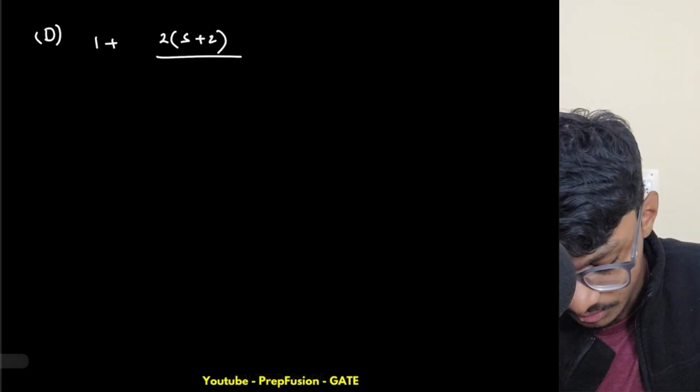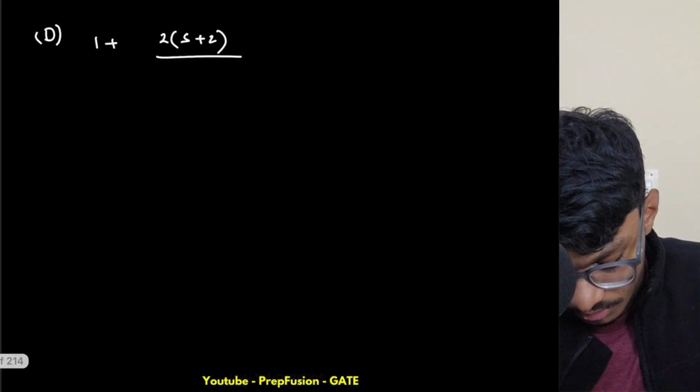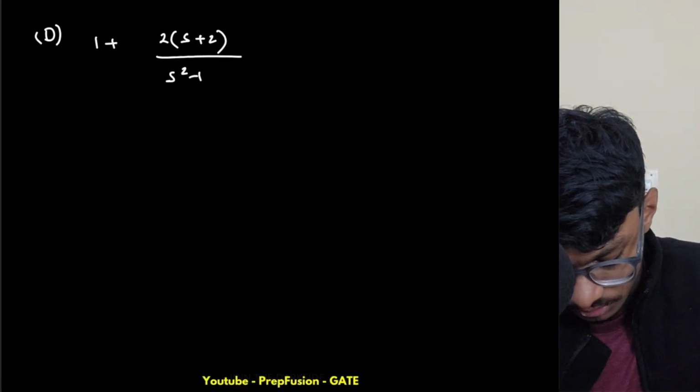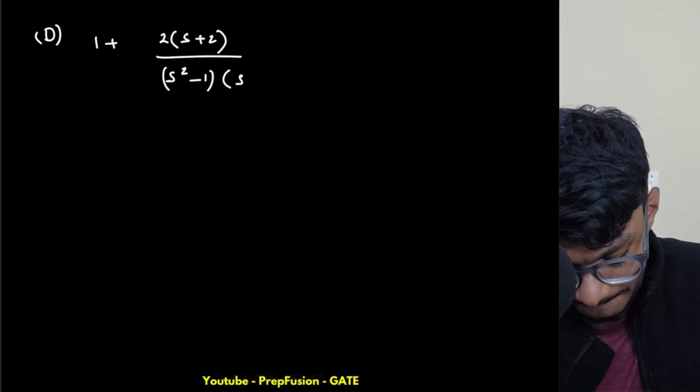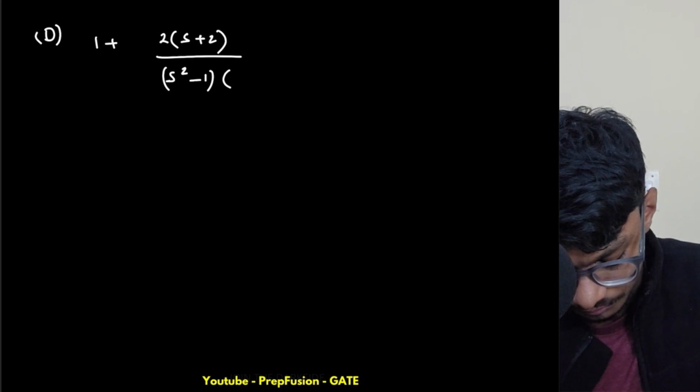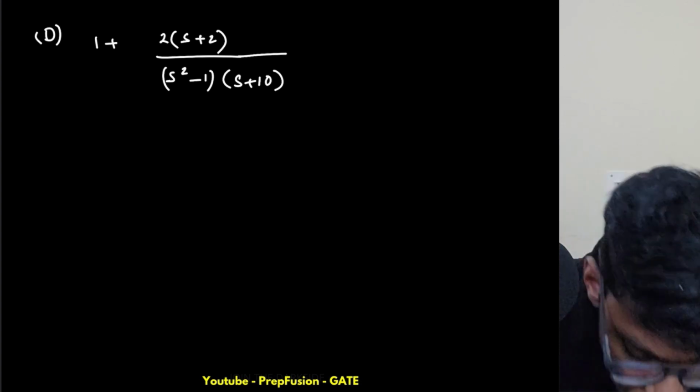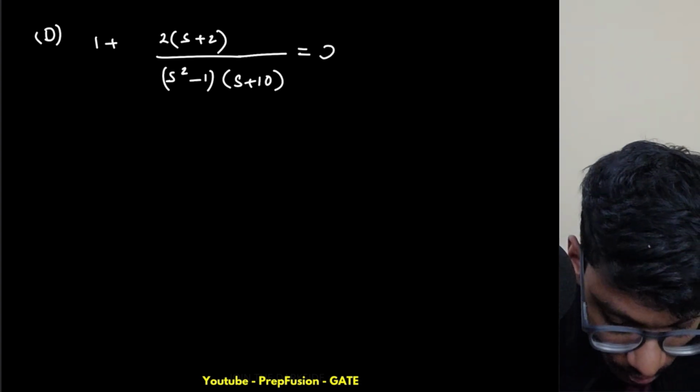So 2 into s plus 1, s square minus 1 into s plus 10 equals to 0.